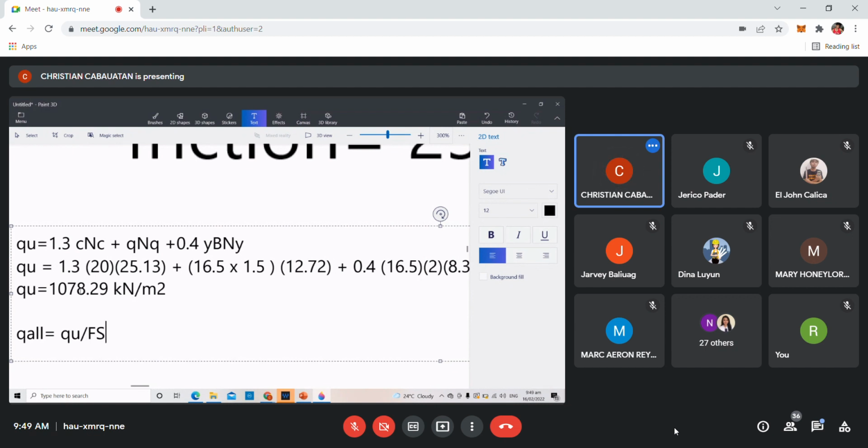Tama ba yung formula? Yes, sir. Okay. So, ang Qu natin is 1,078.29, at ang kanyang factor of safety ay 3. Ano yung sagot?